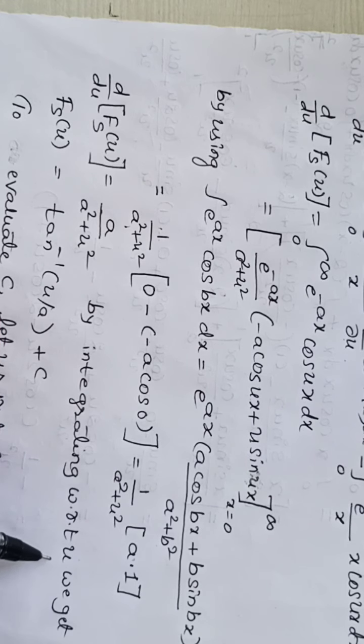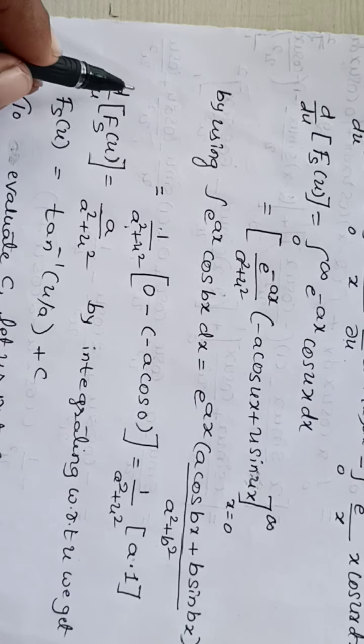By integrating with respect to u, we get F_s(u) = tan inverse u by a. In the PUC level, 12th standard, you studied this formula: integration of a upon a square plus u square is nothing but tan inverse u by a plus constant.